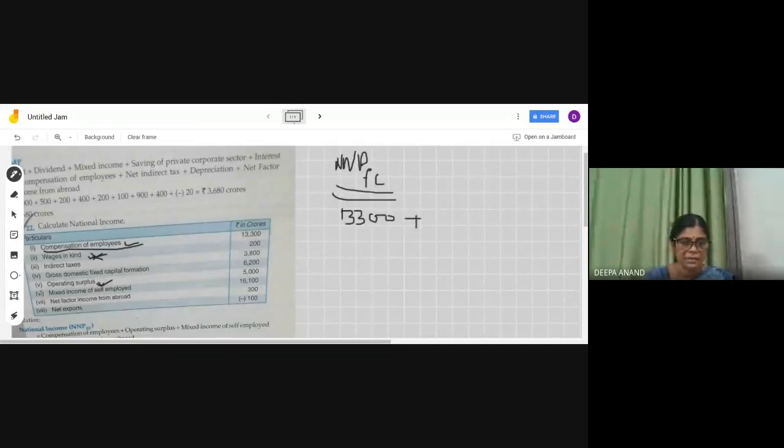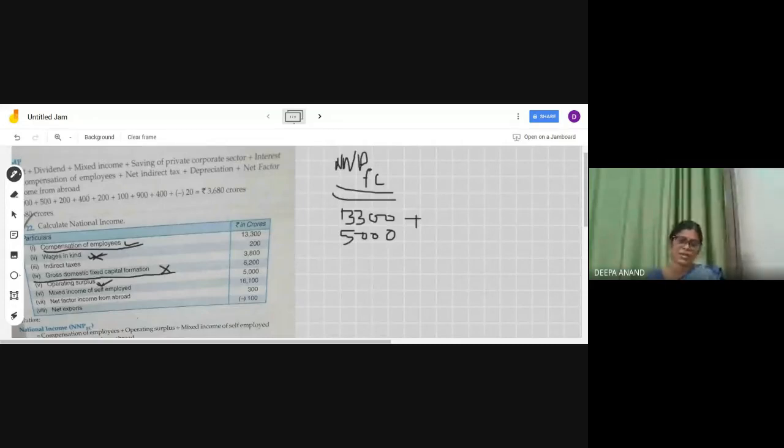Write operating surplus. What is gross domestic fixed capital formation? Because we are doing it with the income method, nowhere have we seen gross domestic fixed capital formation as a part of that.